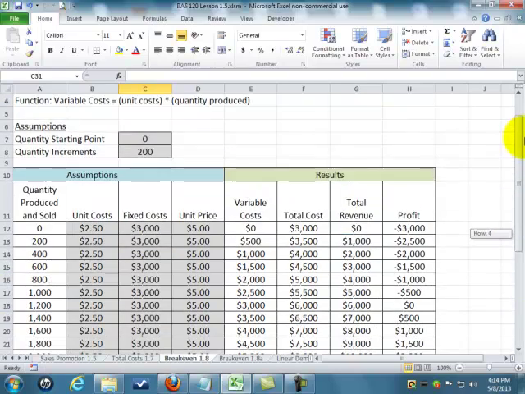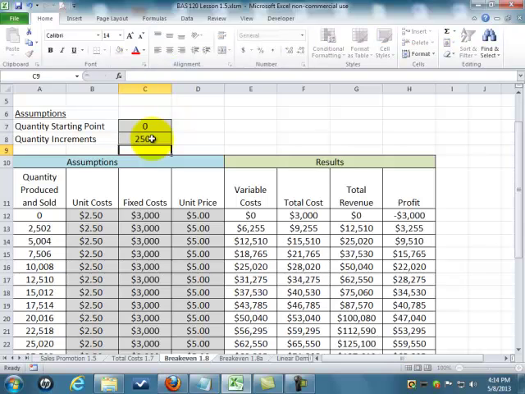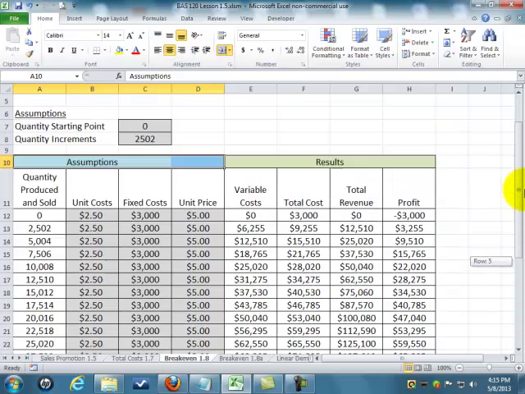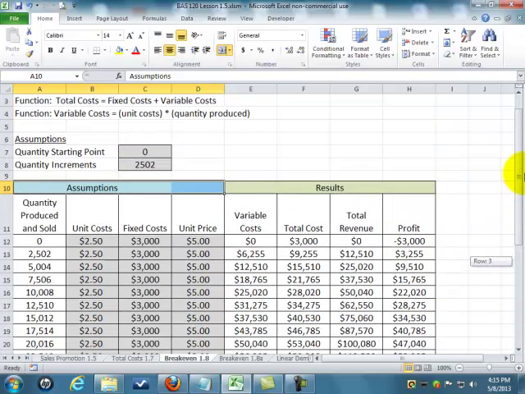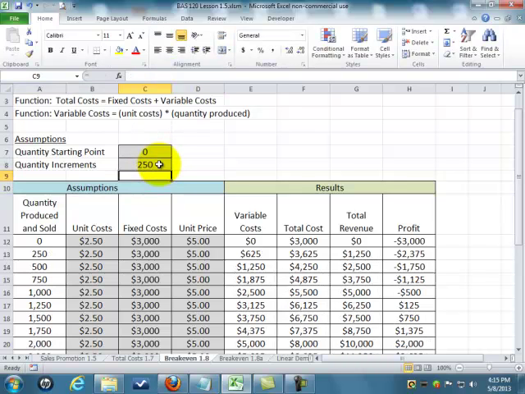But you've got a nice little spreadsheet here where, notice, I can change my increments any way I want. And the beauty of Excel, if you set it up properly, is all of this automatically calculates for you. It updates your break-even quantity. Your graphs are changed around. So that's break-even analysis.